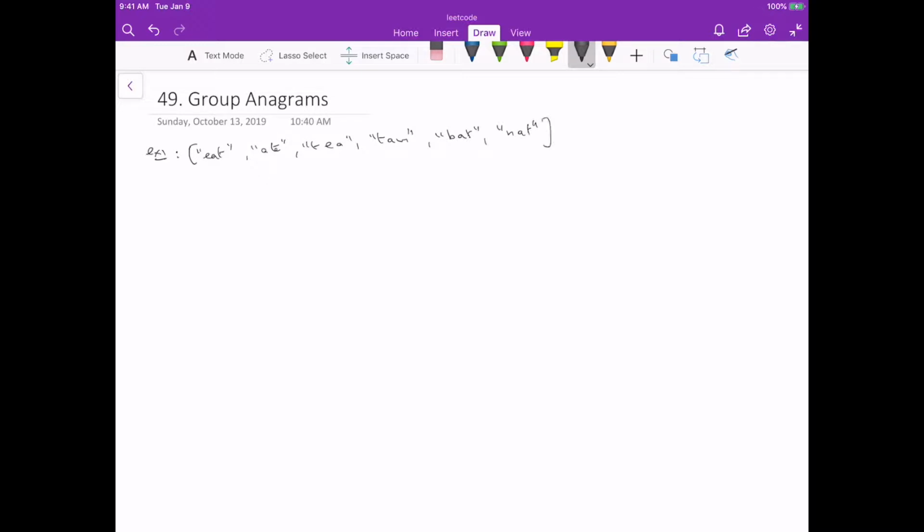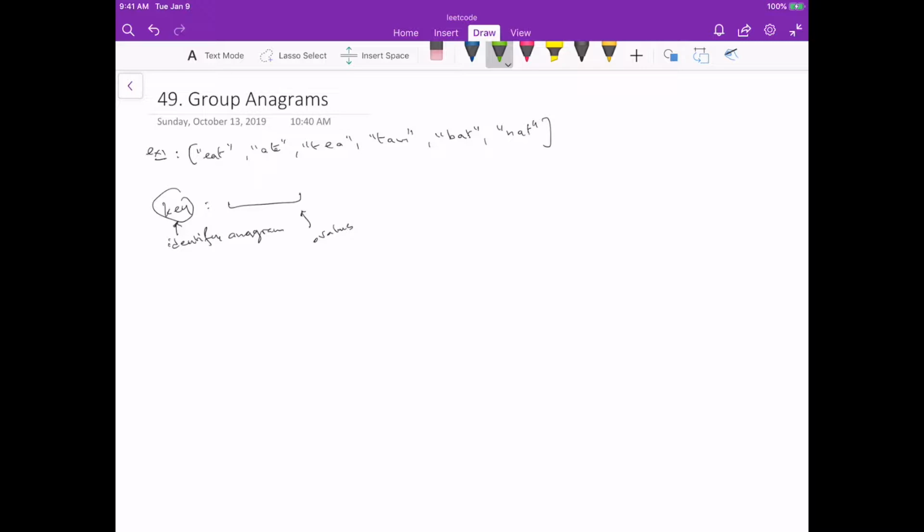The first idea that we can come up with is we just need some key to identify all anagrams, and then we can put the anagrams there, and at that point we can just get the list of values, right? So if we have a map from a key to each list of anagrams, we can find the solution. And so what key can be common between anagrams?